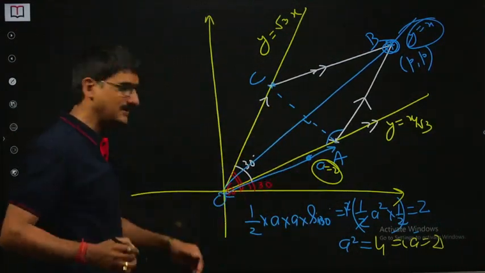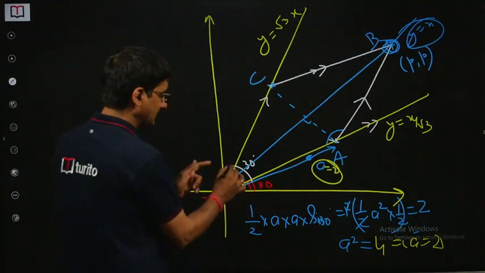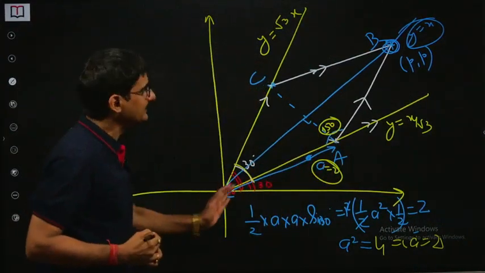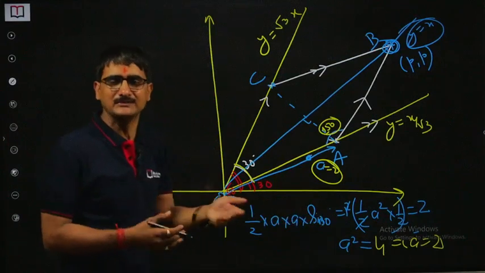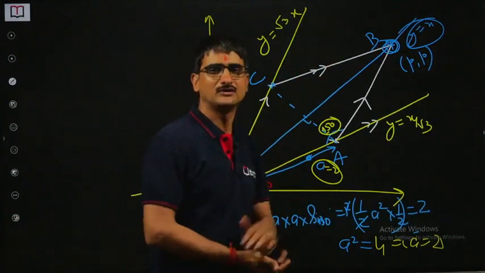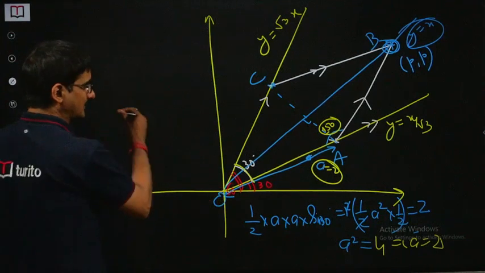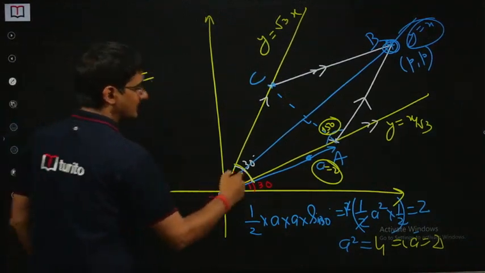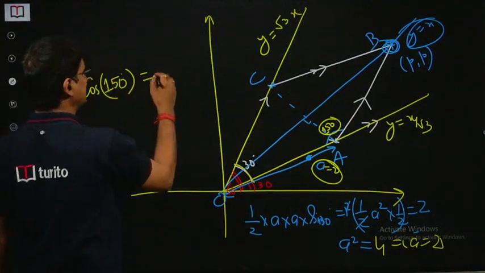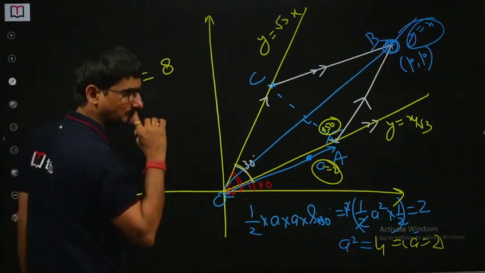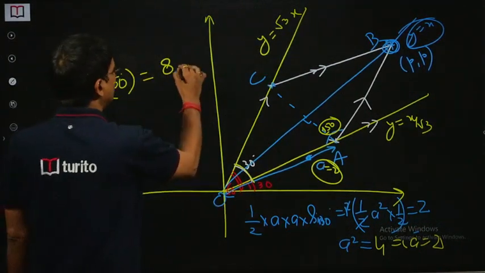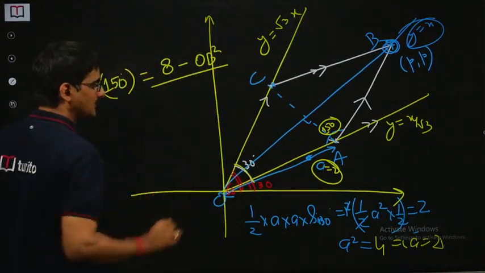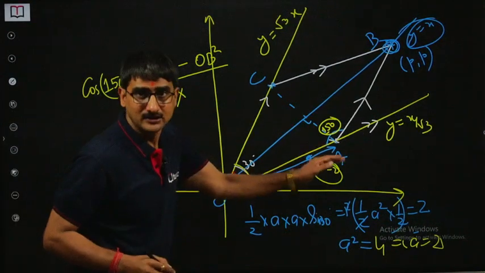Now I will apply the cosine rule. Why? Because if this angle is 30, then this angle is nothing but 150 degrees. Once I have OP, I have the result. I mean, I have P. That's what we need. We need the coordinates of P here. So this is cos 150 degrees. Applying the cosine rule, cos 150 degrees is the sum of squares of adjacent sides, which is 4 plus 4, 8, minus the third one, which is OB square, upon 2 into OA into AB.